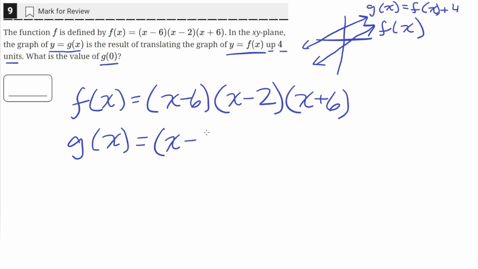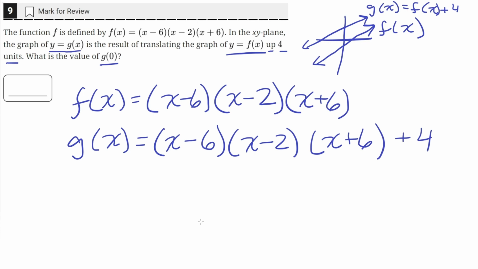So g of x is just x minus 6 times x minus 2 times x plus 6 plus 4. Okay, so now we can find the value of g of 0, now that we have the equation for g of x. So g of 0 is just the value of g of x when x is equal to 0.